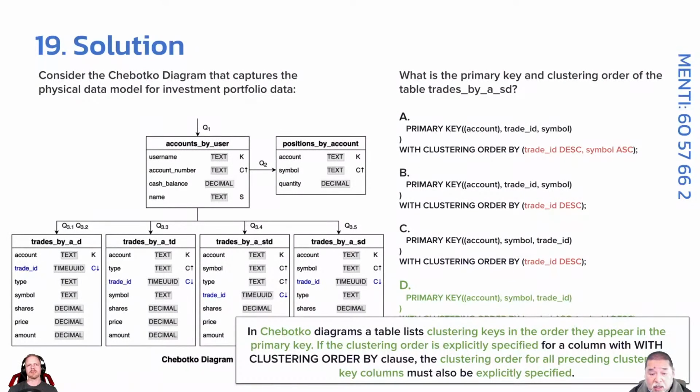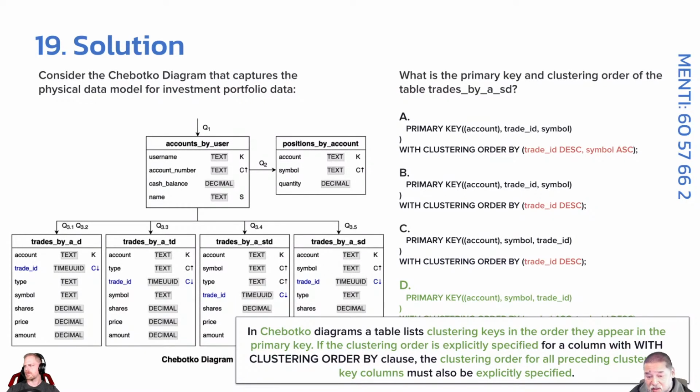All right, so I look at C, and C is not the correct answer, but it has all 3 fields, account, symbol, trade ID, and defines the clustering column trade ID in descending order. Why isn't that the answer? The reason is, just like we said early on when we were querying by clustering columns, now when we're declaring them, if you specify or constrain the order of a clustering column, in other words, if you don't take the default, you have to start by specifying the first or leftmost column.